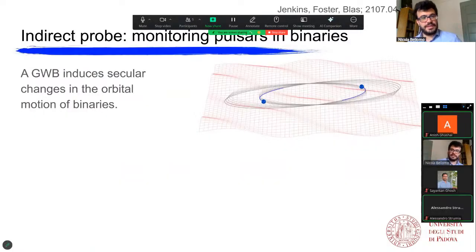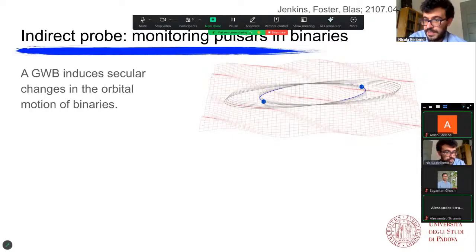In particular, these authors have suggested that we can monitor pulsars in binaries, because the presence of a gravitational wave background induces a secular change in the properties of binary orbits.